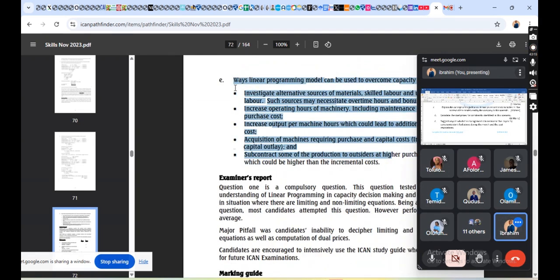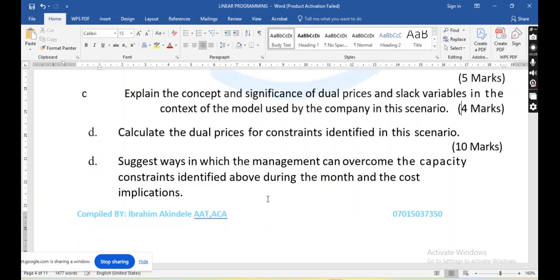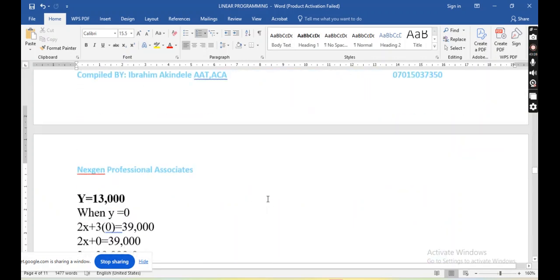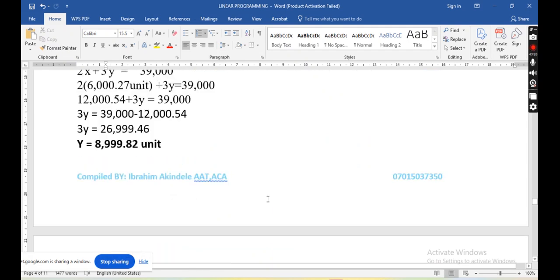So how can they overcome all these constraints?